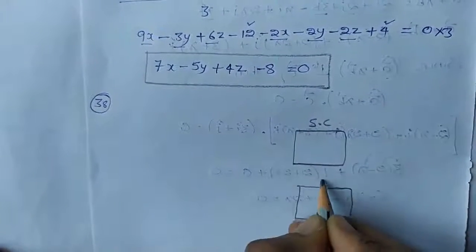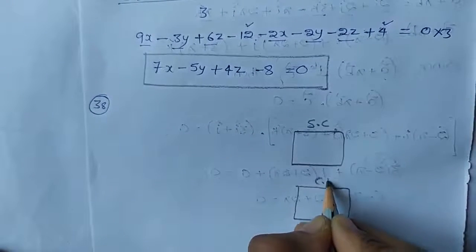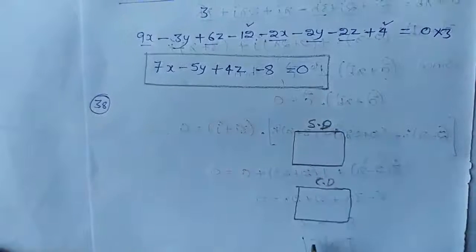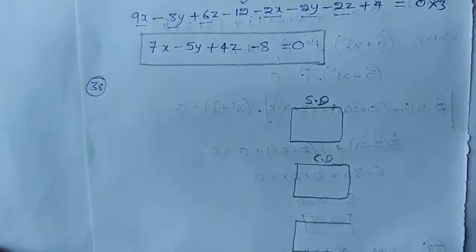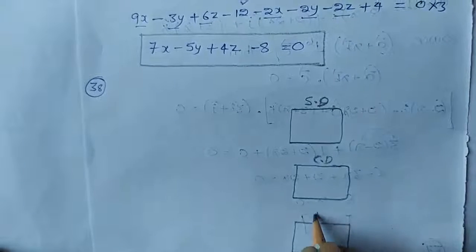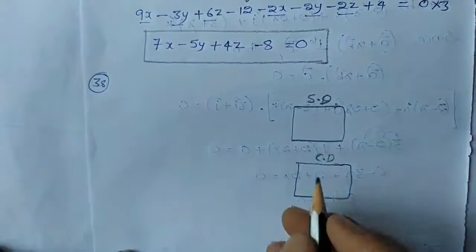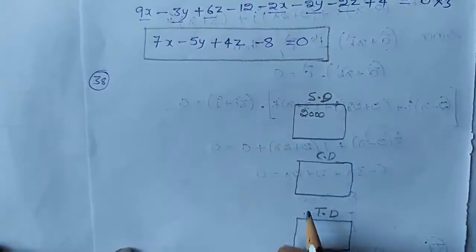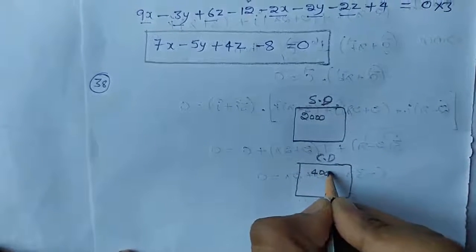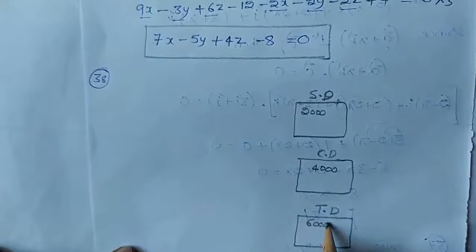I'm just analyzing in a tree diagram: scooter drivers, car drivers, and truck drivers. An insurance company insured 2,000 scooter drivers, 4,000 car drivers, and 6,000 truck drivers.